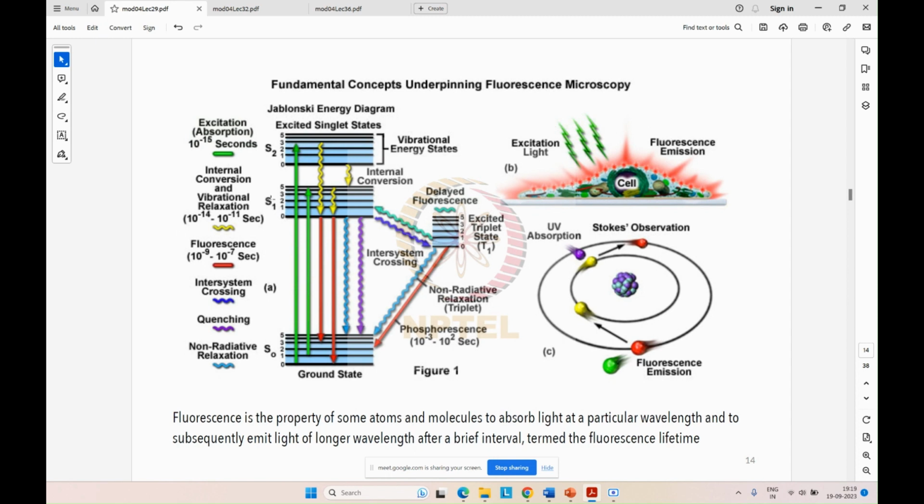Whatever molecule you are interested in accepts that light, absorbs some energy, retains it, and then emits light of a different wavelength. This is the physics behind it. You can read it up if you want to.